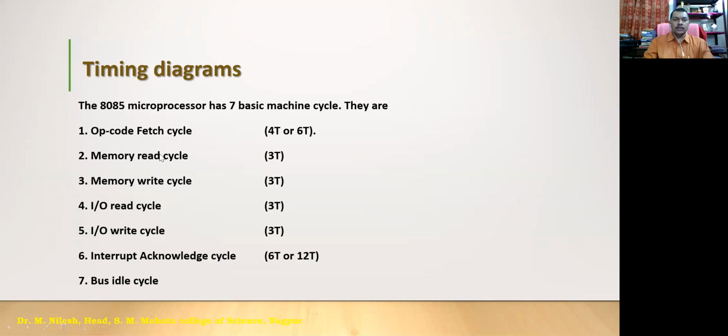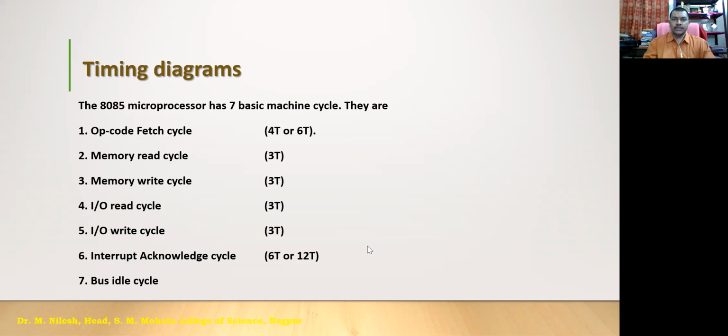Then the machine cycle requires to read the memory. To read memory we require around 3 clock pulses. Memory write cycle also requires 3 clock pulses. Input output read cycle, 3 clock pulses. Input output write cycle, 3 clock pulses.